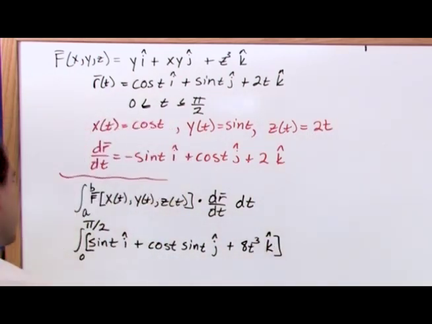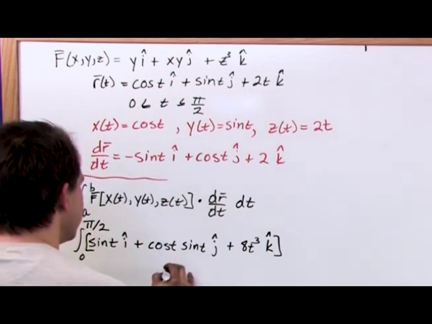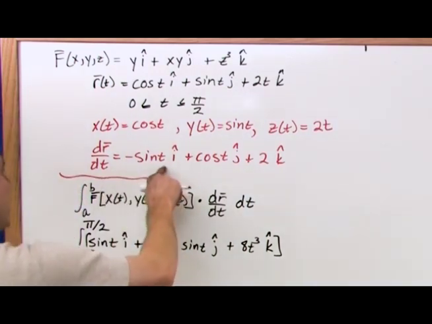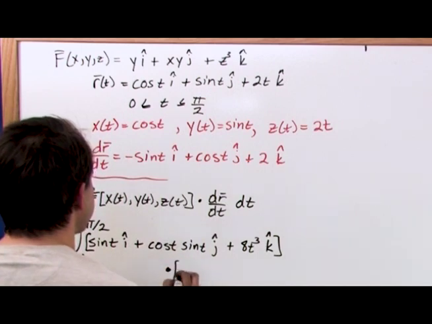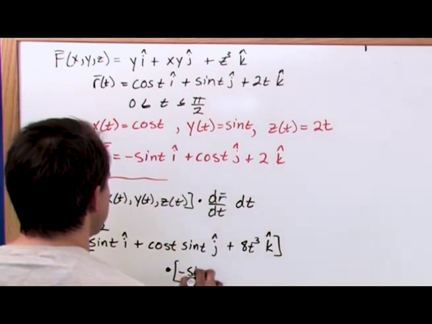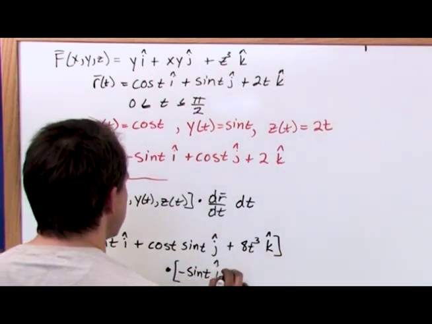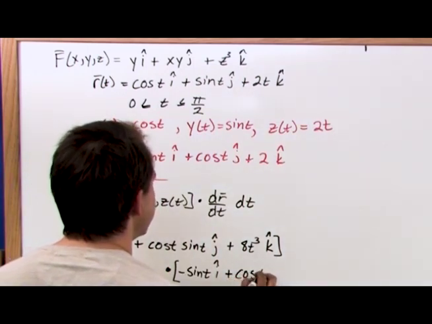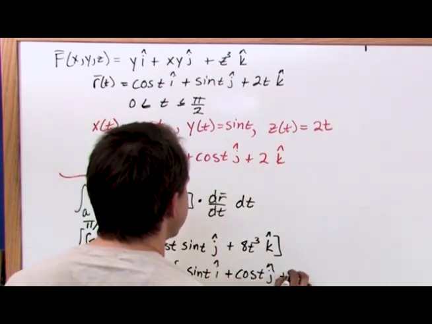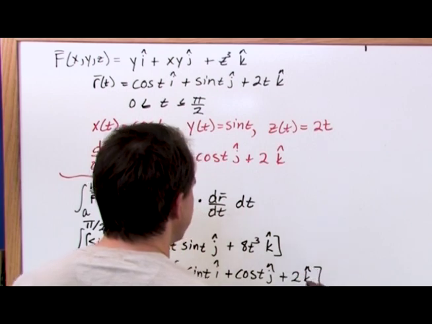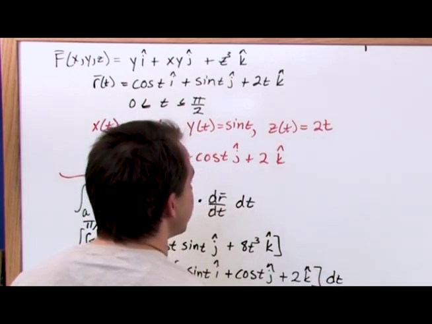Now this whole thing is going to be dotted with what we already found for dr/dt, which is negative sine of t in the i direction, plus cosine of t in the j direction, plus 2 in the k direction. And then I'm integrating this all over dt.